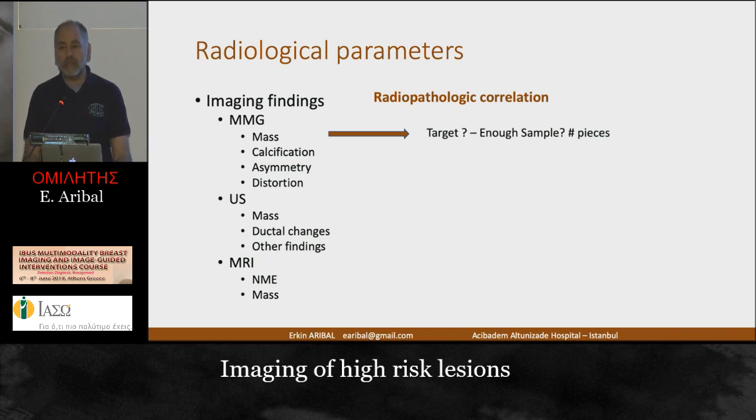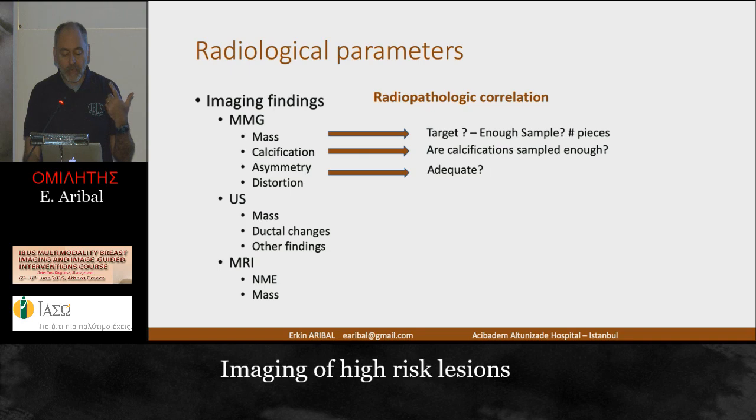When you are doing the correlation, you must first ask yourself if you targeted the lesion well. Maybe you didn't take the biopsy from the lesion itself, but from surrounding tissue. Did you have enough samples, enough pieces? If it was calcifications, did you sample enough calcifications?